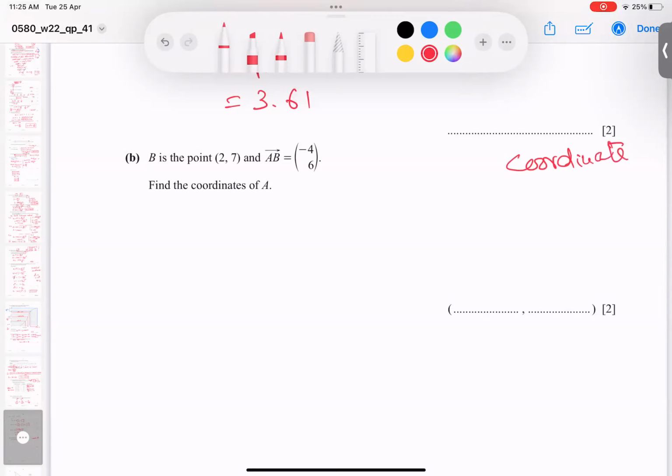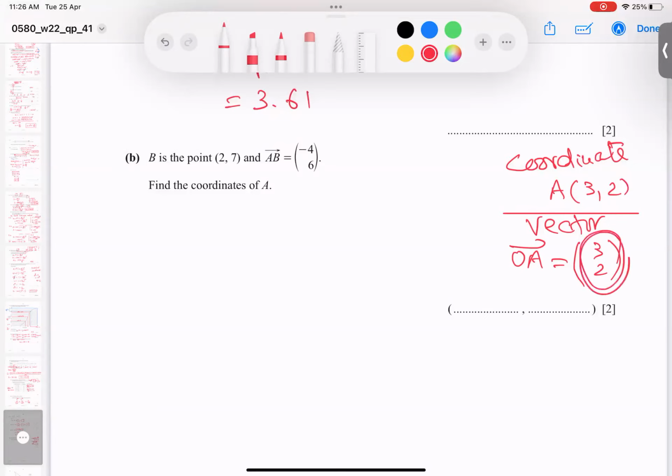For example, if I have the coordinate 3, 2 and want to convert it to vector form, I simply introduce one letter before A, and that is O. Always O, no other letter. And write it up and down.